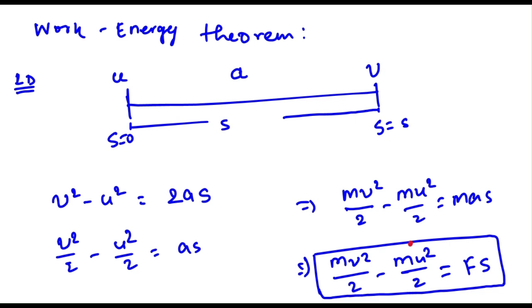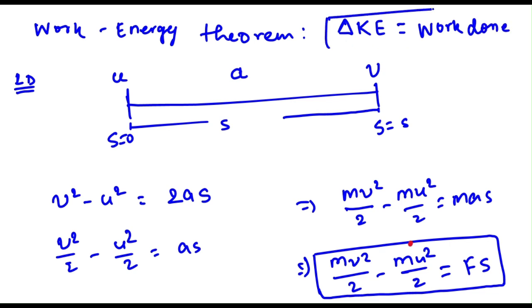So what is here next? This is the change in kinetic energy, and this is work done. And this is what the work energy theorem says, that delta K, where this delta we use for a changing term, the change in kinetic energy, equals work done.